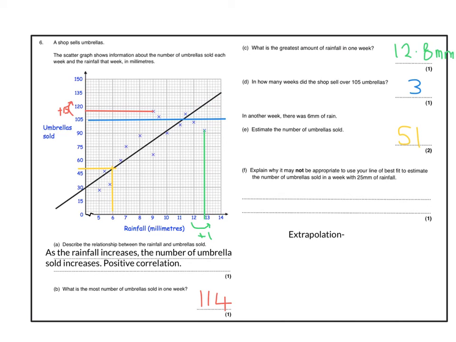That's when you predict data outside of the data set given. And it's unreliable because we haven't got proof that the trend continues.